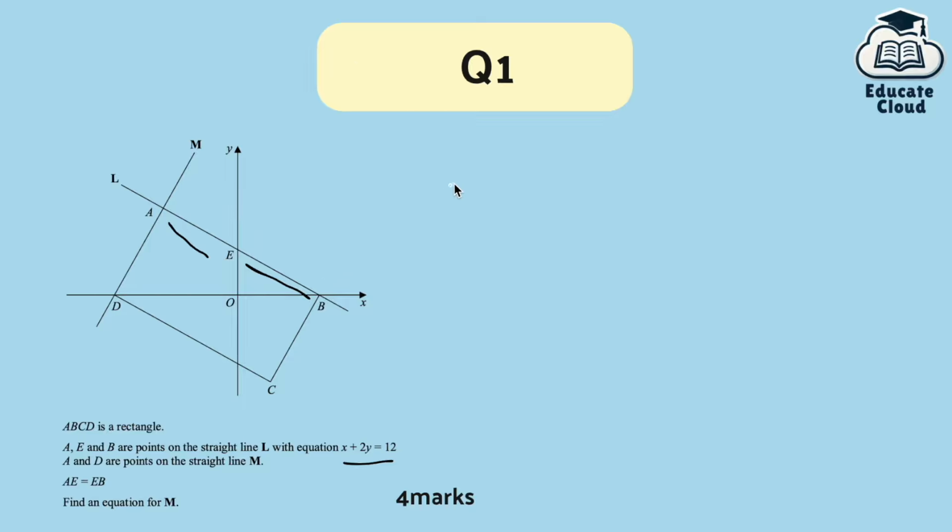Okay, so first what I'm going to do is find out my equation for L. I'm given the equation, but I'm going to write it in y equals mx plus c form, just to make it easier for myself. So 2y is equal to minus x plus 12. Divide by 2, so y is equal to minus a half x plus 6.